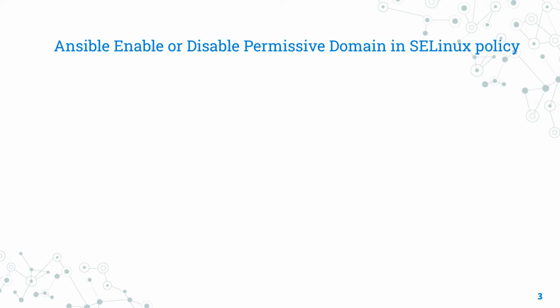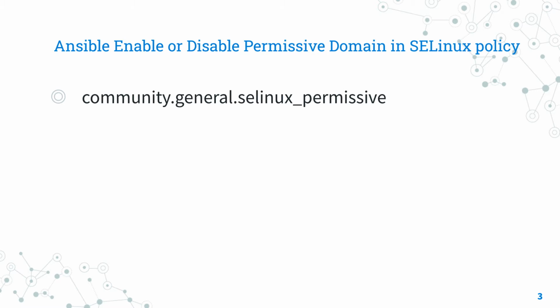Today we are talking about the Ansible module selinux_permissive. The full name is community.general.selinux_permissive, which means that it is part of a community collection of Ansible.